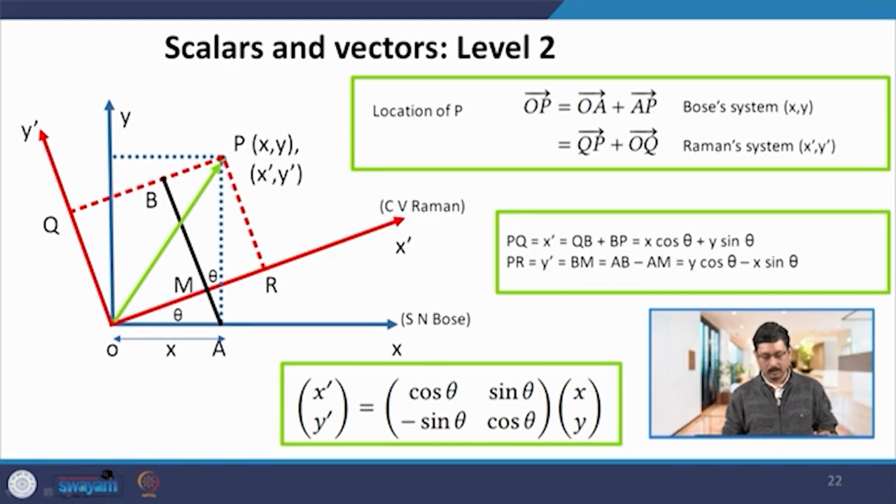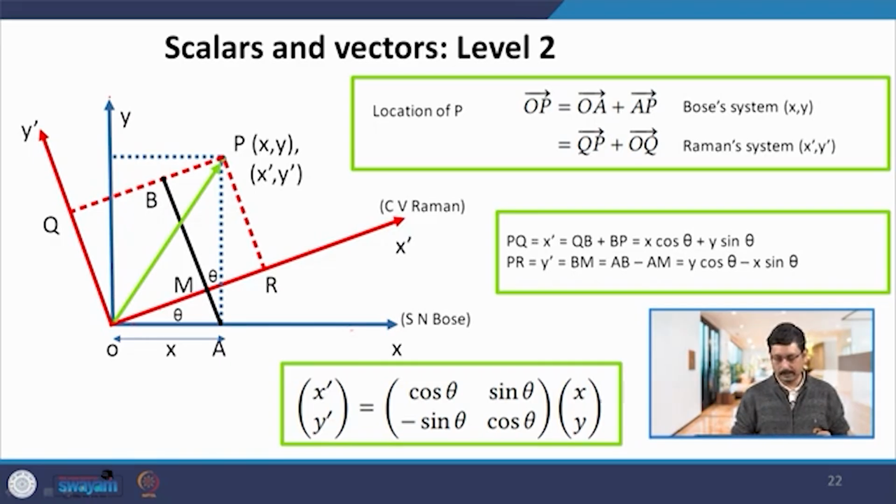Suppose S.N. Bose, let us say the first one of them, will consider this point O where he is standing as the origin and he will draw a coordinate system, let us say the blue coordinate system. This is the x axis of the blue coordinate system, this is the y axis.